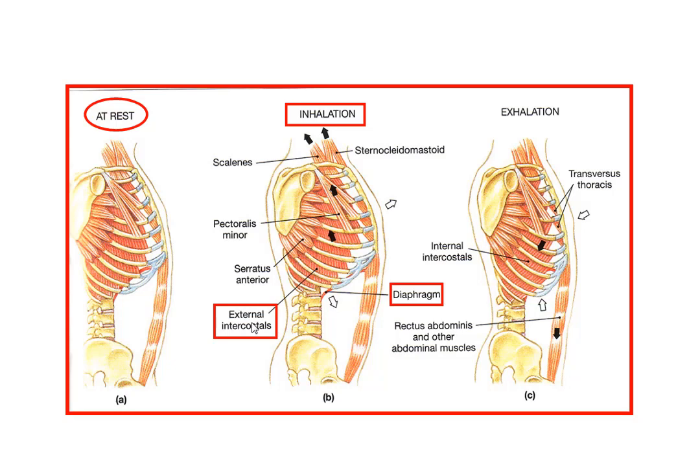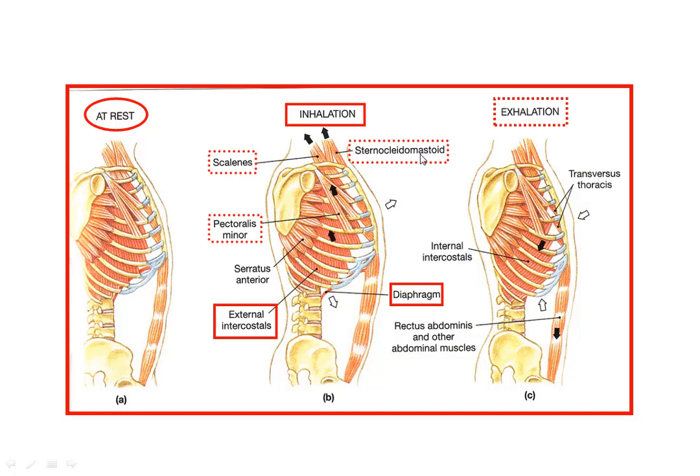If inspiration becomes labored and forced, then we need contraction of the accessory muscles of inspiration, which lift the thoracic cage further up. And these accessory muscles of inspiration include the pectoralis minor, the scalenes, and the sternocleidomastoids.